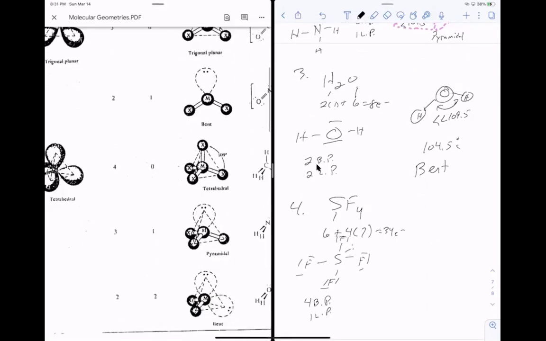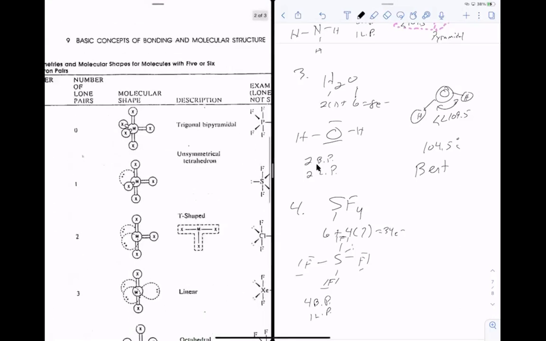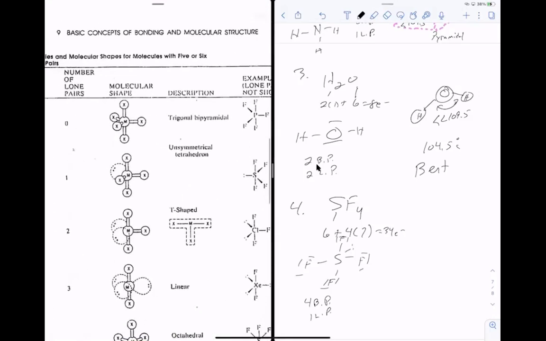So now we will take on a 5 bonded structure. Now when I do that, in a trigonal bipyramidal structure, the lone pairs come in the equatorial region.